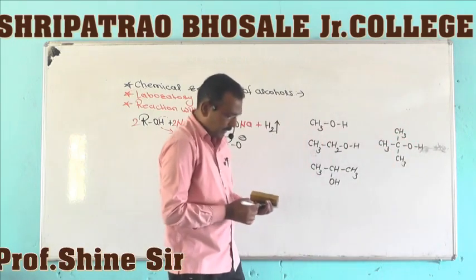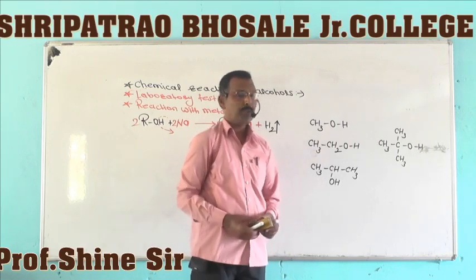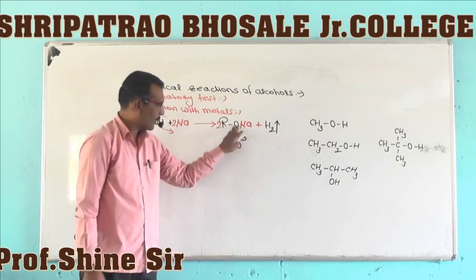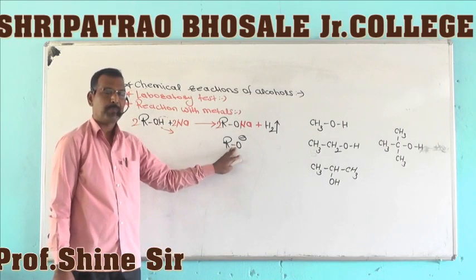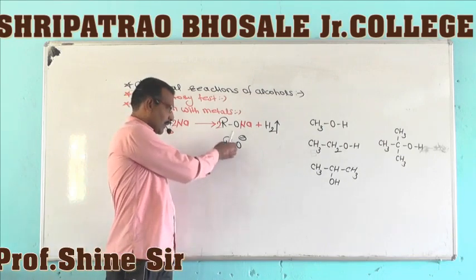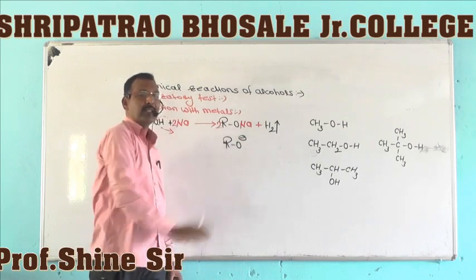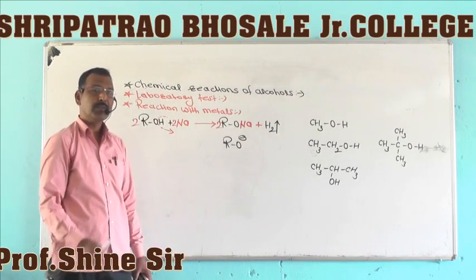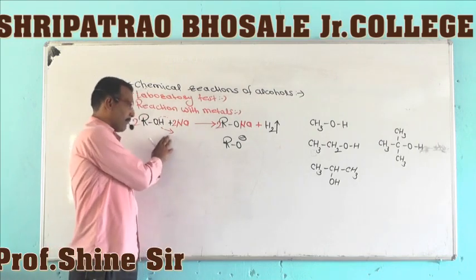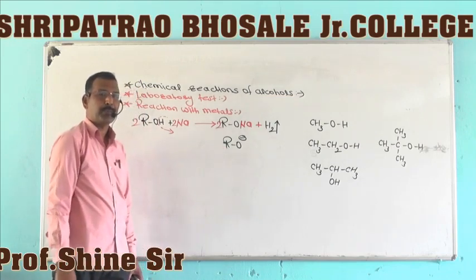Now, which is the most acidic among these? The alkoxide ions formed are unstable, and they become more stable when the electron density decreases. But alkyl groups are electron donating groups.